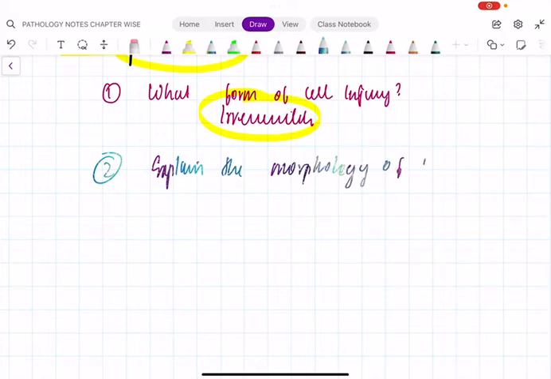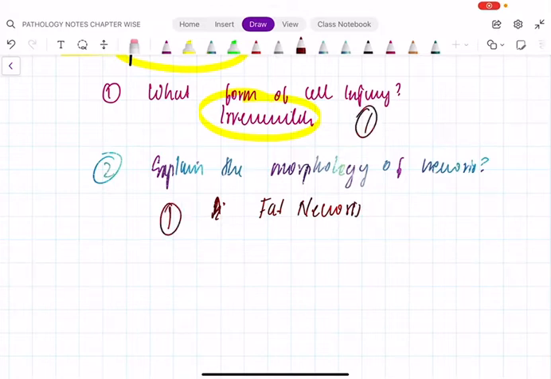So you should know what type of necrosis occurs in acute pancreatitis. Anybody? Very good. Fat necrosis. For this 1 mark, and another 3 marks for writing the morphology.